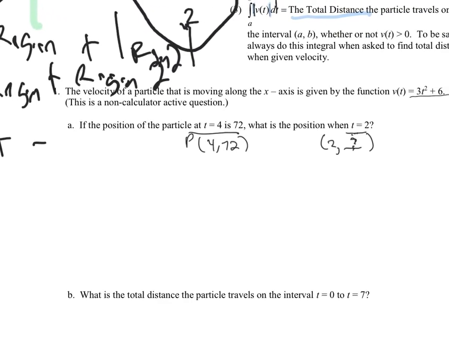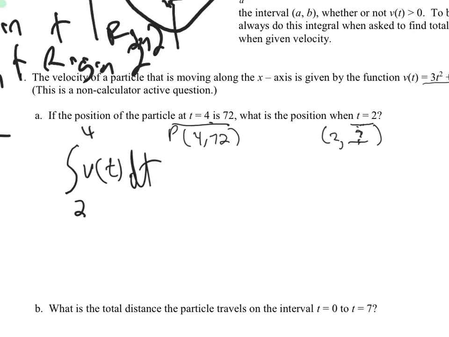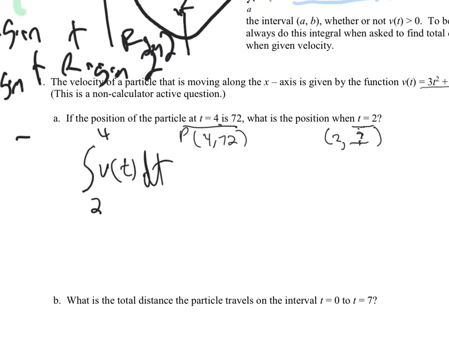So this could be a job for setting up my antiderivative of my velocity graph. And if you think about it, the only two positions I'm even talking about are 4 and 2. So 2 and 4 will be the ones I'll use. And I will not need to worry about a total distance or anything like this, because we're just talking about how the position is moving.